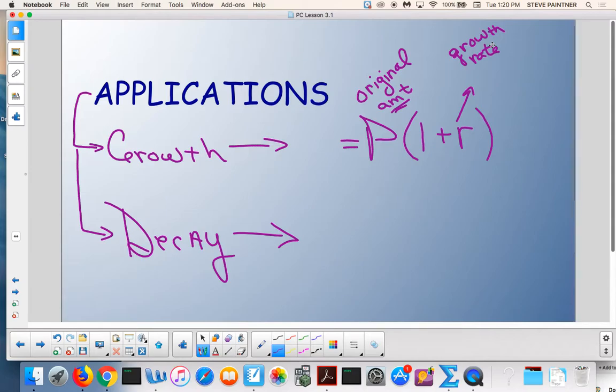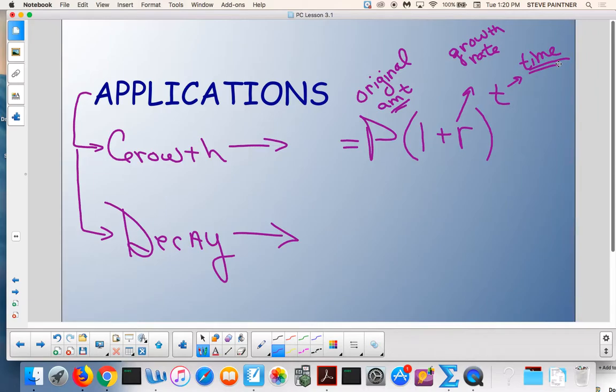Okay, they'll tell it to you. And then they raise it to this number here, t. T is what? Time. And you know what, guys? I'm not going to tell you that time is measured in years or days or months, but typically it's measured in what? Years. But it can change, so I don't want to tell you that. But most of the time, this is measured in years. Okay? There's your what formula?